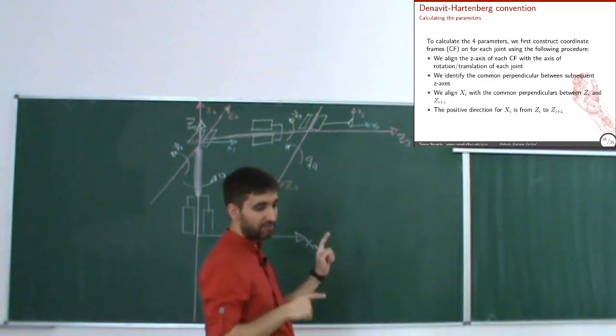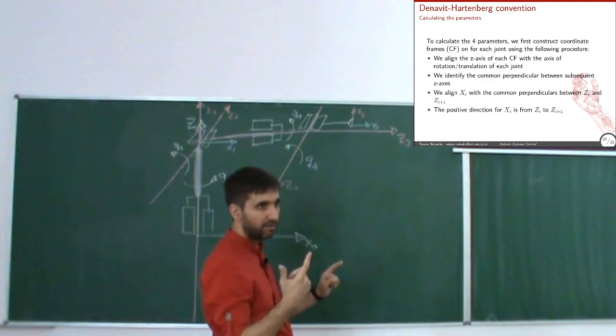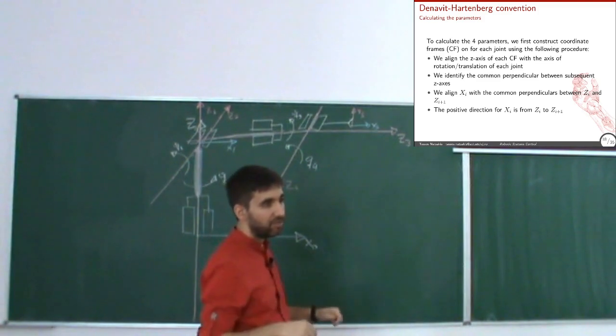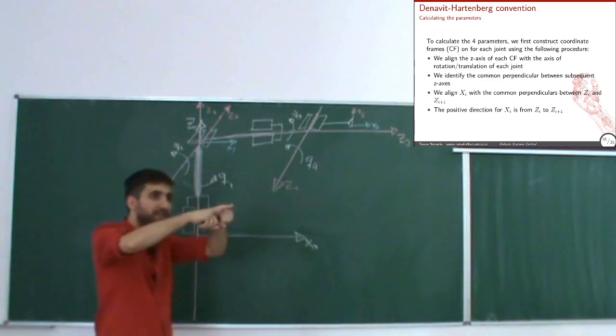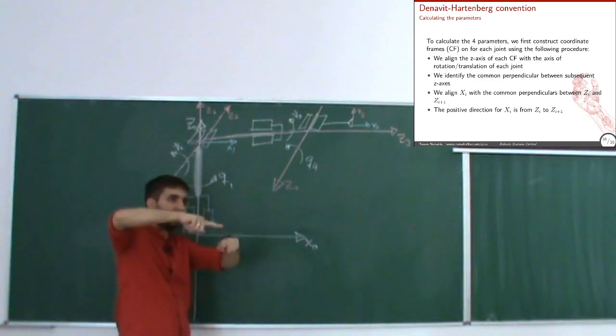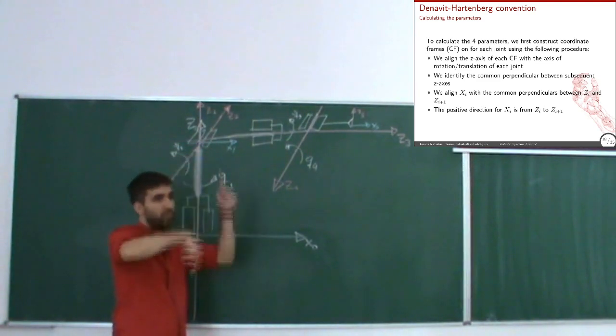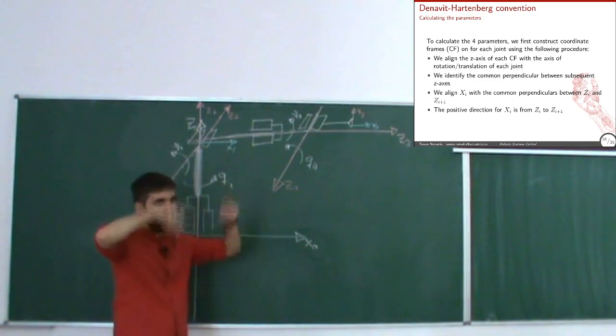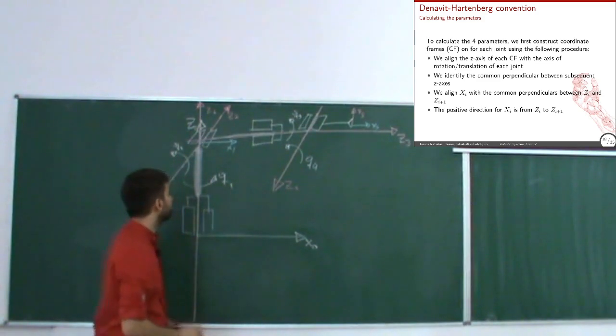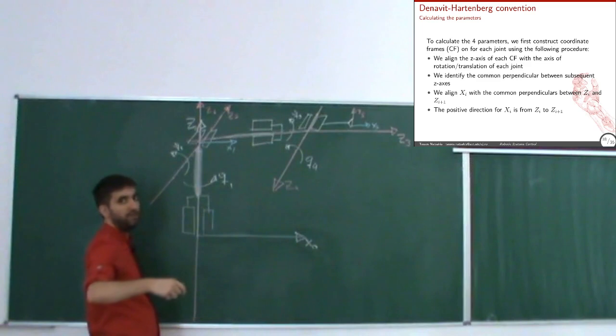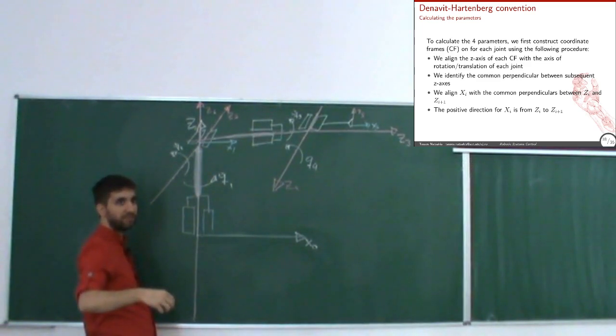The positive xi goes from zi to zi plus 1. That's the convention. But then zi and zi plus 1 are together, they don't have a distance, so we can put it wherever we want. Doesn't matter. Okay? Up or down? Up. More ups than downs. Do you know the game?